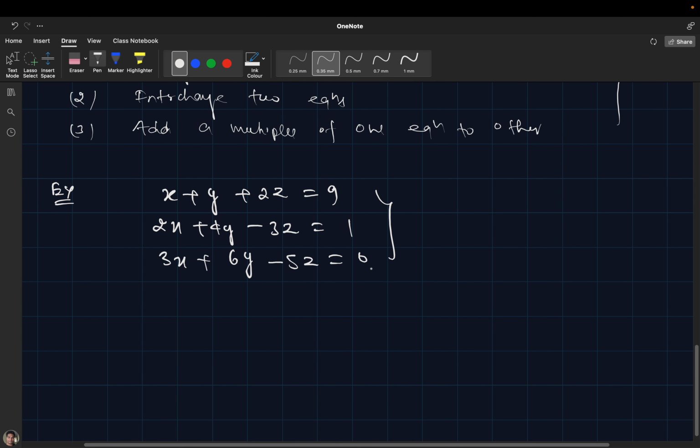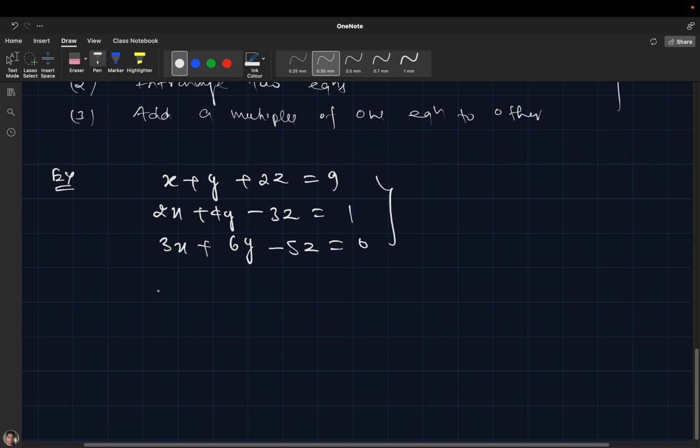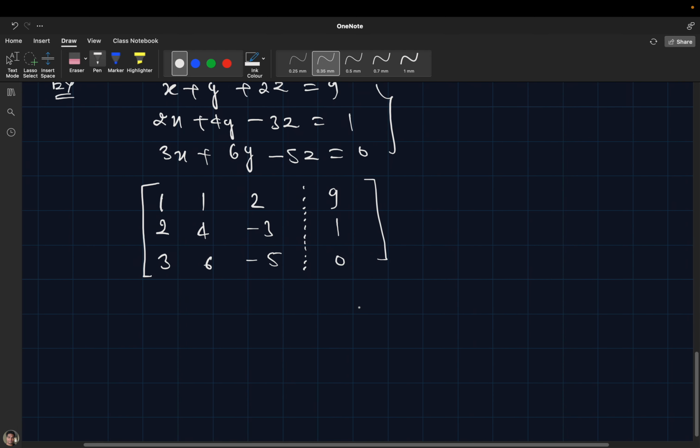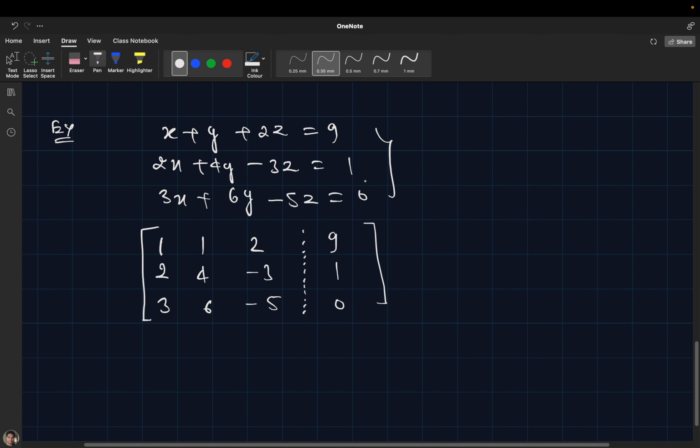So this is a system of linear equations, and in the matrix form you can write 1 1 2. In augmented form you write 9 here, because b1 is 9. Similarly 2 4 minus 3 and 1, 3 6 minus 5 and 0. Now I want to solve this system of equations.